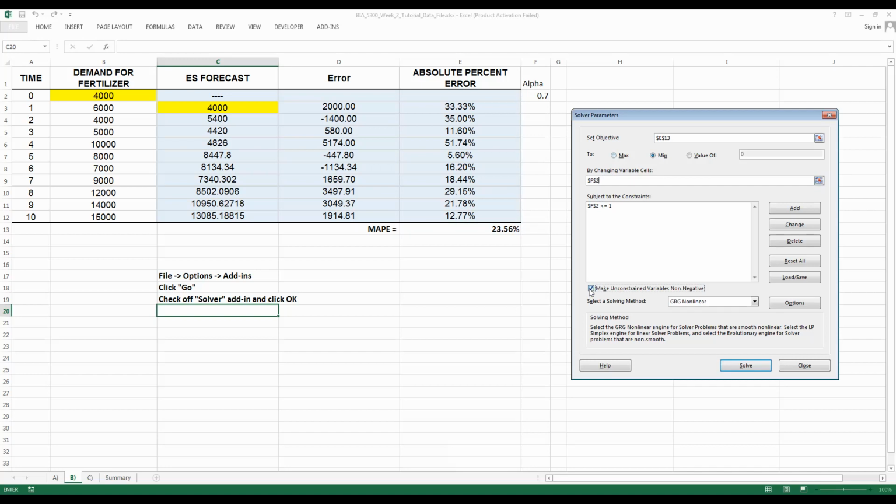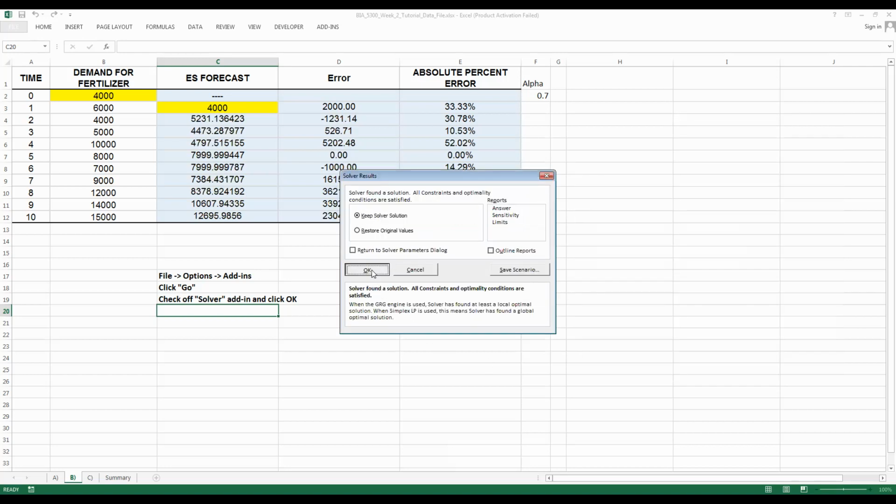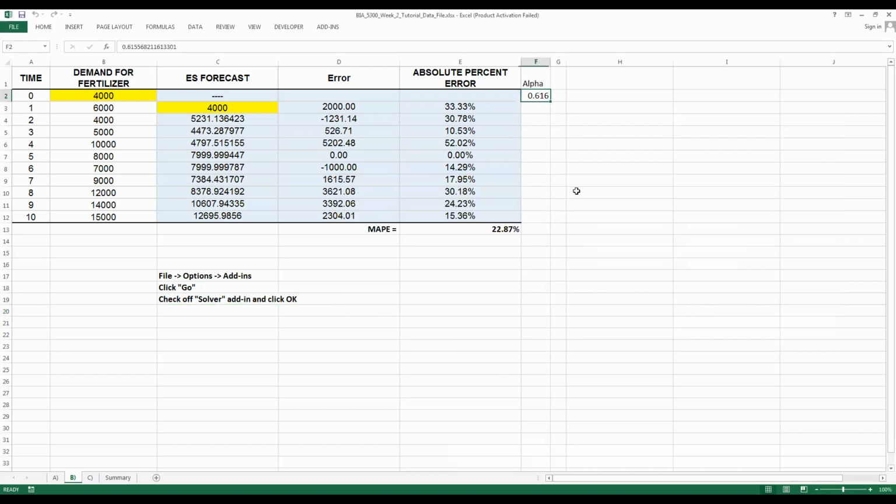We want this checkbox on to make sure alpha is not negative. It needs to be between 0 and 1, so this combination will do that for us. We're using the GRG nonlinear method, and we're clicking solve, and there we go. The optimal alpha is 0.616. This is the best we can do.